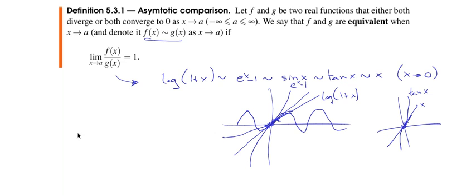Okay, and then finally we have that 1 minus the cosine of x is asymptotically equivalent to x squared over 2, again when x goes to 0, and that means, as I told you, that 1 minus the cosine looks like a parabola when it's very close to 0.